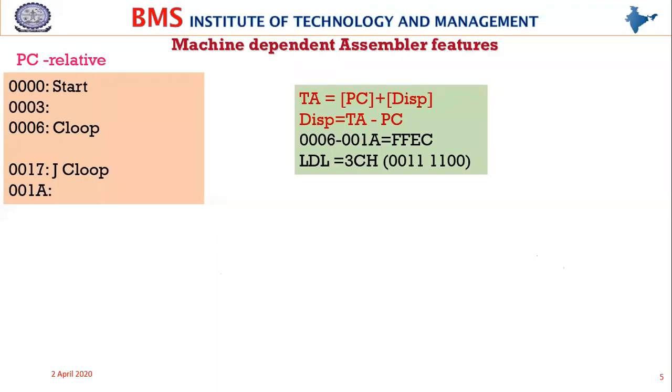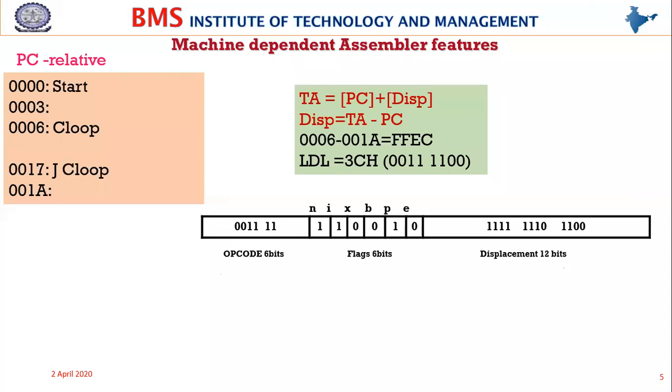So the opcode we'll get is 0011 followed by 11. And the rest of the things are going to be your flags. This is how it is written. First 3 is written as 0011 and C is written as 11. And the N and I flags are 1 and 1, X is 0, B is 0, P is 1 and E is 0.